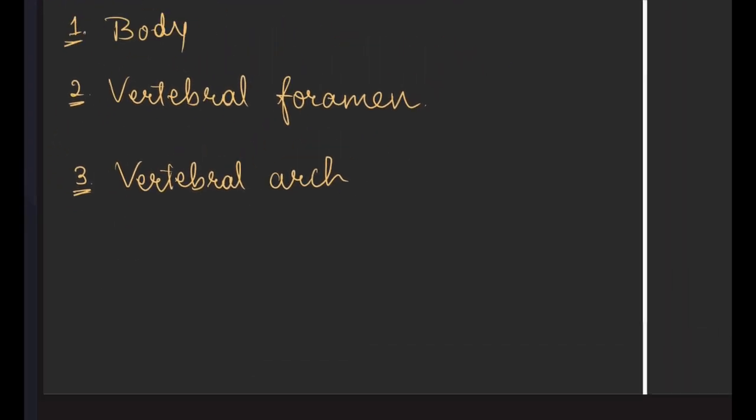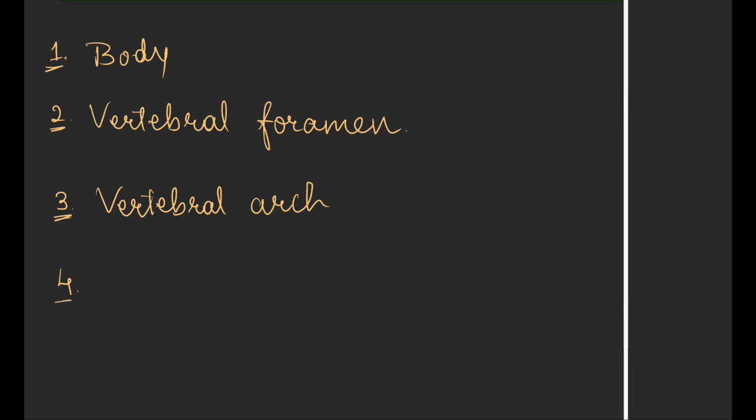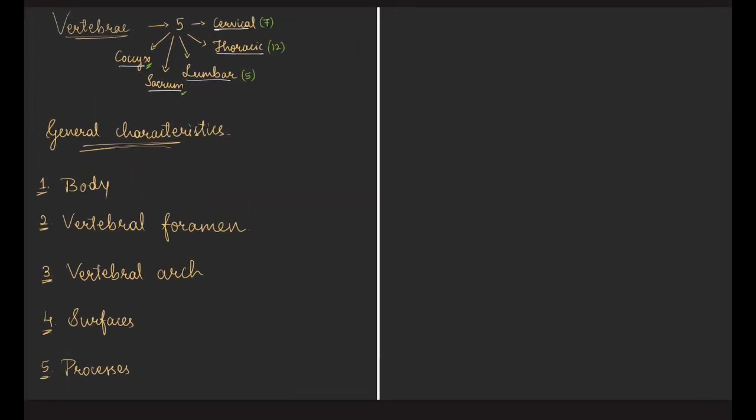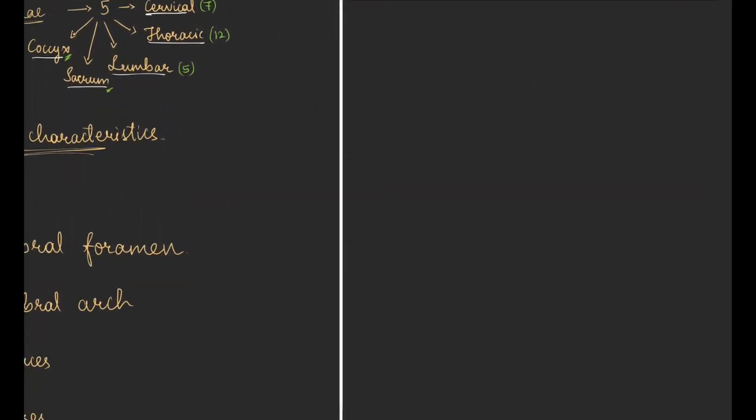Then there are surfaces, and there are processes. What are surfaces? There are two types.